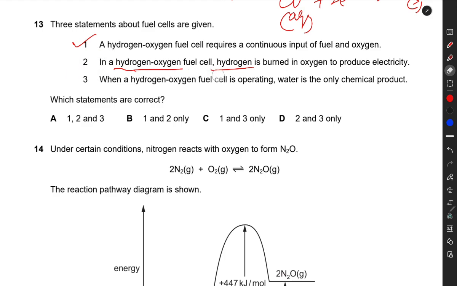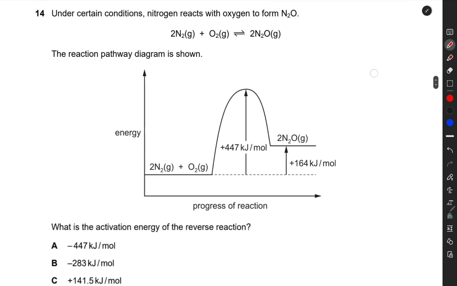Hydrogen is not burned. Hydrogen reacts with the OH ion to form water, and water reacts with oxygen, and when this process is complete, electricity is produced. When a hydrogen oxygen fuel cell is operating, water is the only product, yes, this is the correct option. This is incorrect. So if statements 1 and 3 are correct, C option is the correct option.